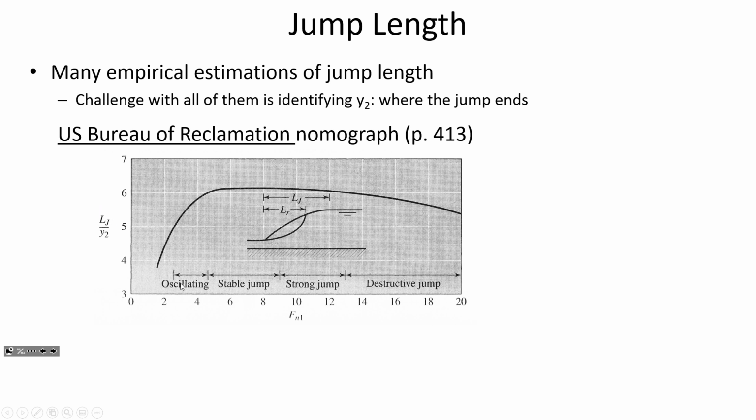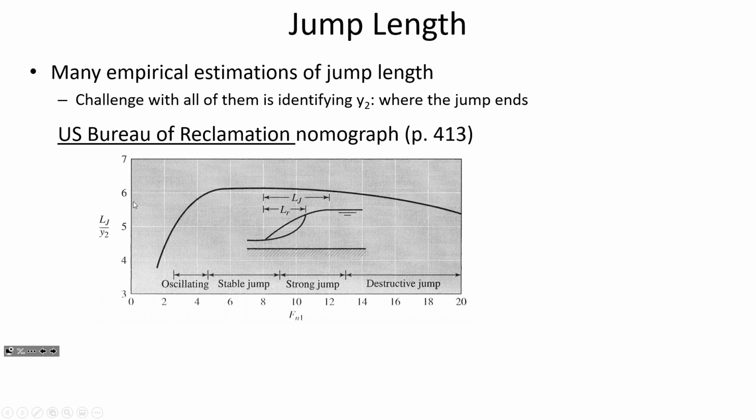So for instance, if you had a Froude number of 4 prior to the jump, we go up with this white line, intersect the black one, and then to the left, that's about 5.75. So 5.75 is equal to the jump length to the downstream depth y2.